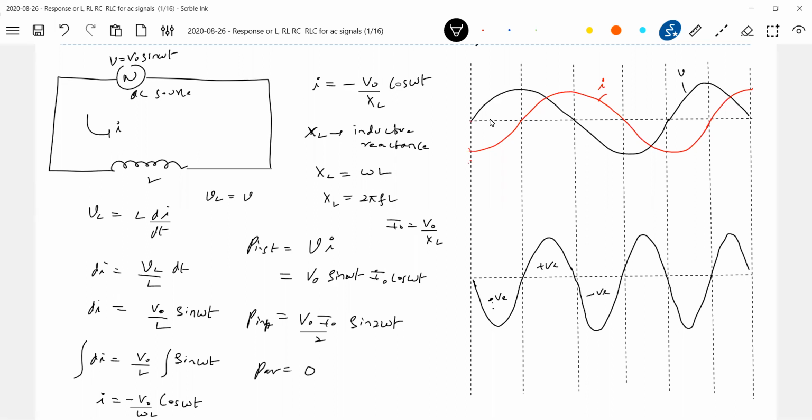So like this, the negative, positive, we'll put it here. And what is the average power? Average power will be 0. There's an expression for instantaneous power.